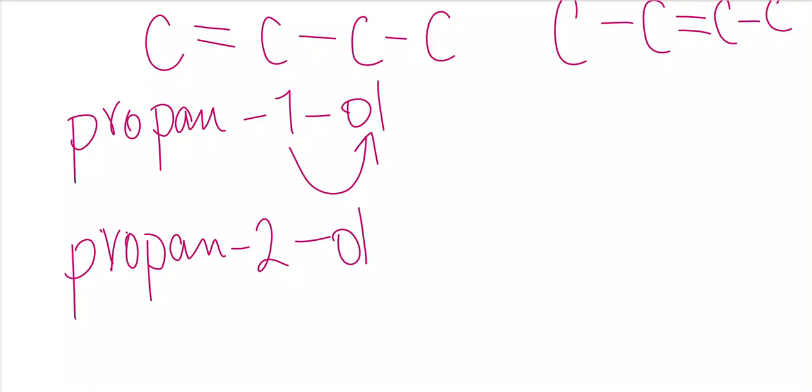That means in the first one the hydroxyl group is attached to the terminal carbon atom, and in the second one the hydroxyl group is attached to the central carbon atom, not terminal. So a similar structure can also arise with butanol or with other compounds like that. So these are the isomers in case of the alcohols, alkenes, and also the alkane isomers.